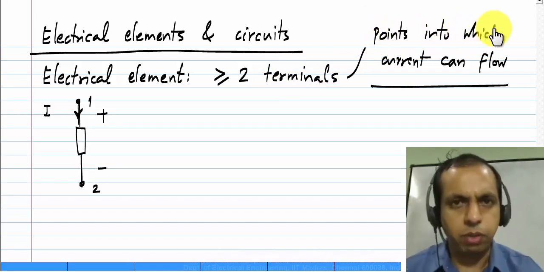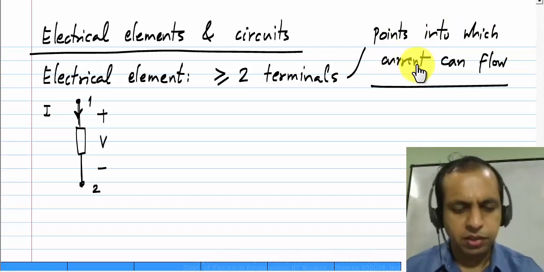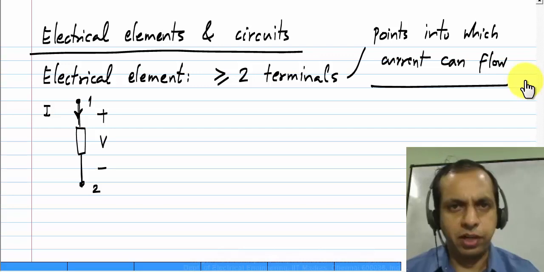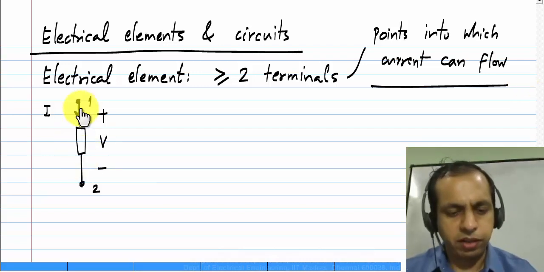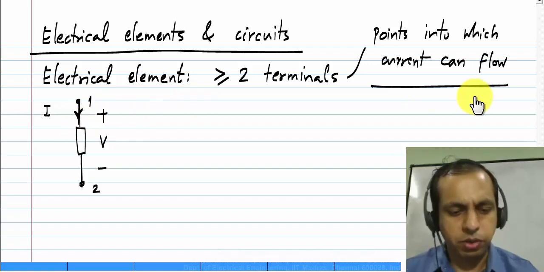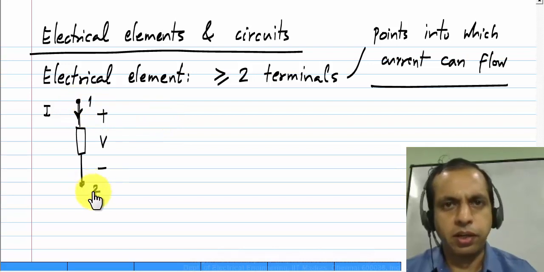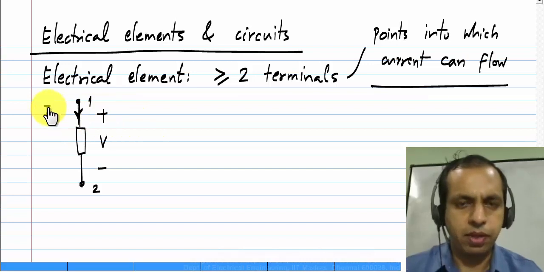In this case, we have only one pair of terminals and we have just a single voltage that can be measured. And the key point is that for us, we'll only work with the relationships between V and I, that is V between the terminals and I going through the terminals. That's good enough for us. We don't need to worry about the internal details. The internal details are required for designing the element, but not for circuit analysis.